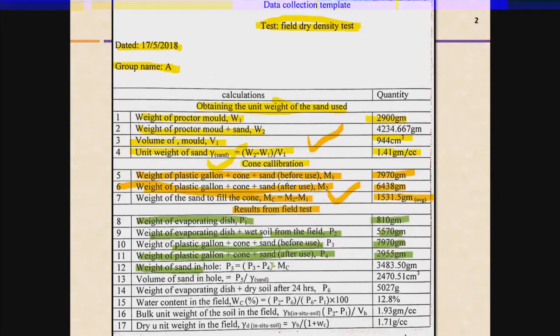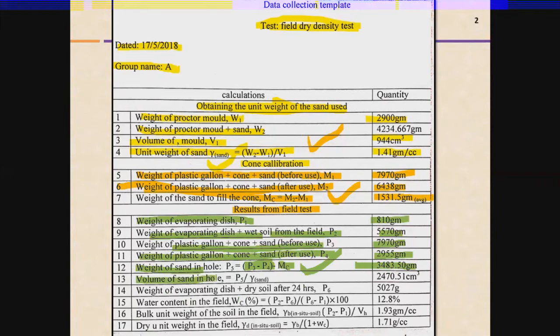So this difference will give us the weight of sand in the cone, but there is extra weight of sand which has also moved into the cone, known as the weight of sand in cone, and for that purpose we have done the cone calibration. So this weight of cone will be subtracted from this difference in order to get the weight of sand in hole, and now this value with me is 3483.5 gram.